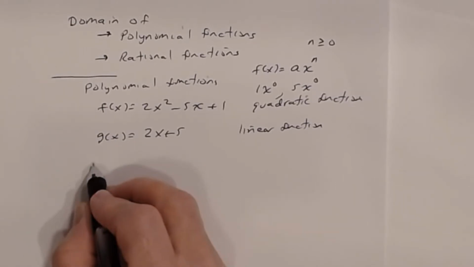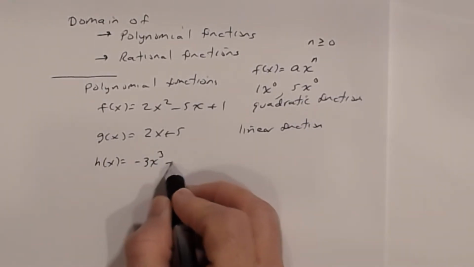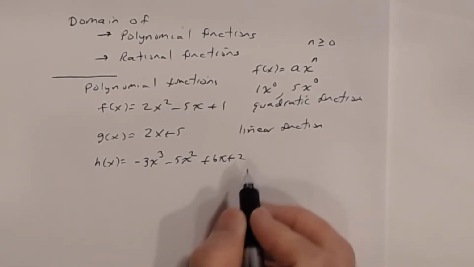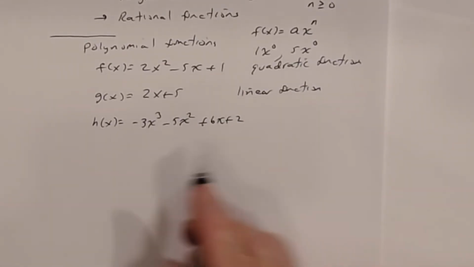Another example would be h of x equals negative 3x cubed minus 5x squared plus 6x plus 2. That's another example of a polynomial function.